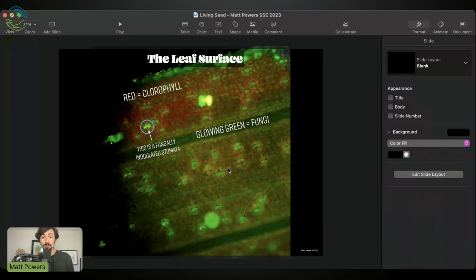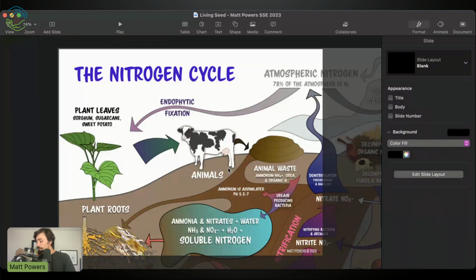And then epifluorescence also shows us fungally inoculated stomata. The red there is actually photosynthetic chlorophyll. We can examine leaves. We can examine the trichomes, which are the hairs on leaves.